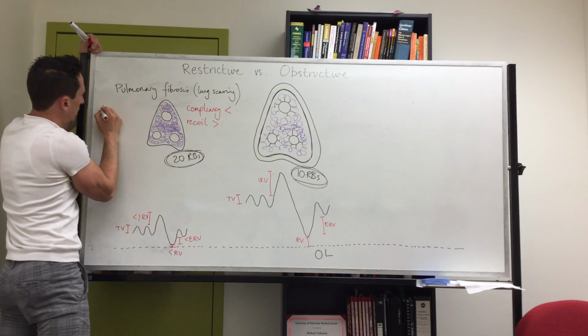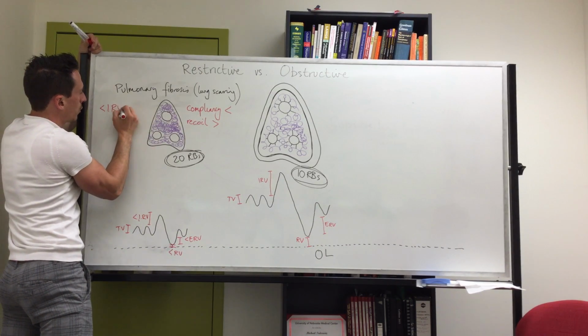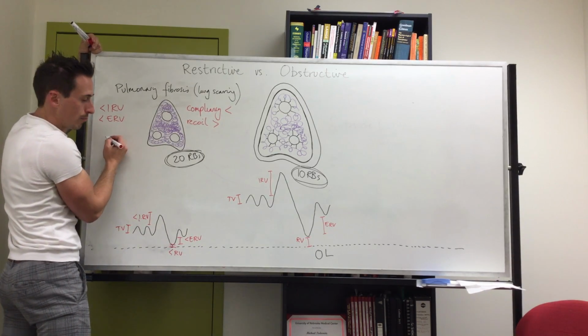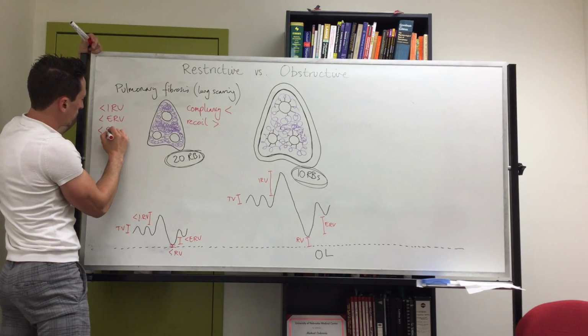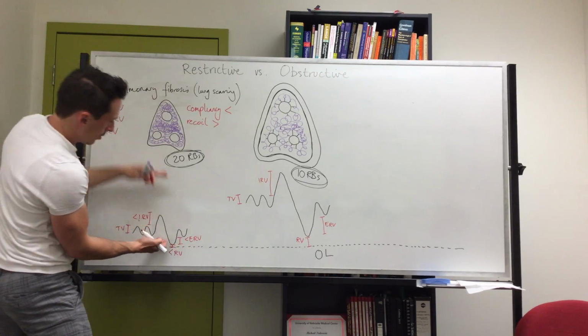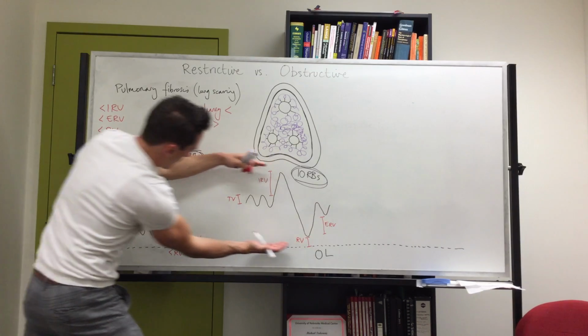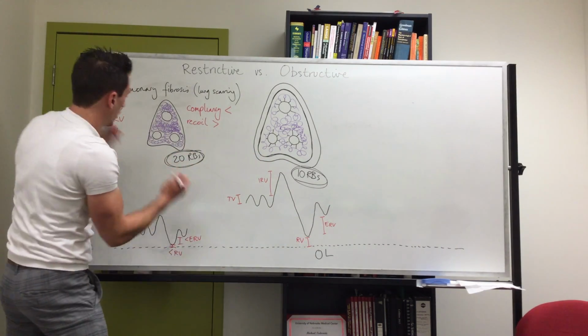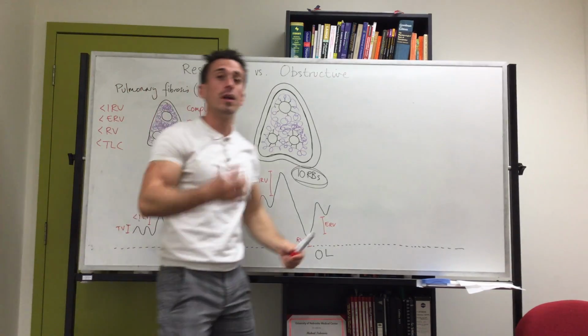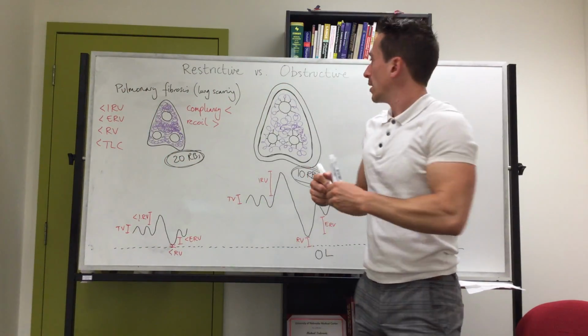You have decreased inspiratory reserve volume, decreased expiratory reserve volume, decreased residual volume, and overall, if you look at total lung capacity, well, that's the total lung capacity there, you have decreased total lung capacity as well. This is what you commonly find in restrictive diseases.